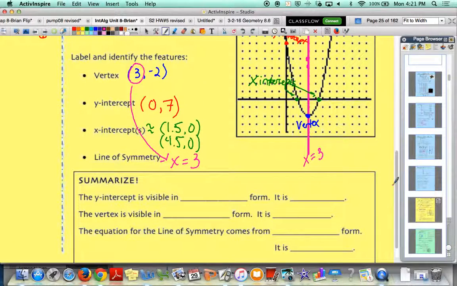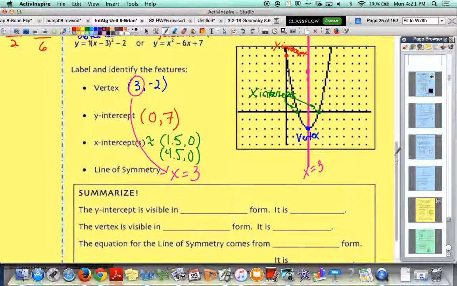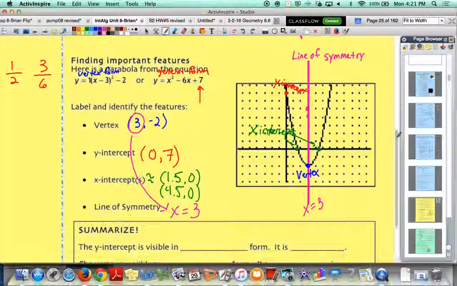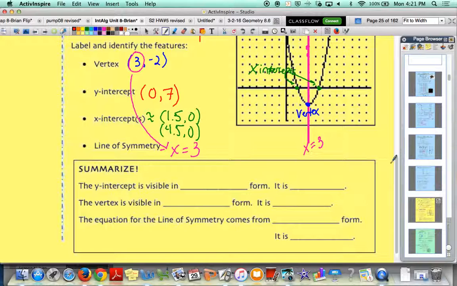All right. Now what we'll notice is that some of these are visible in the equations themselves. For example, if you look at the y-intercept value of 7 and you look back up at the two equations here, the one that's in vertex form and the general form, you'll see that 7 pop up as the last value in that general form. So the y-intercept is always going to be visible if you look at the general form, and it's always going to be 0, whatever that c value is.